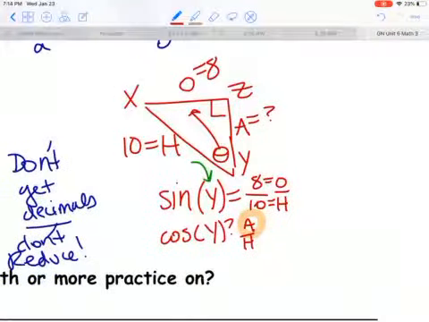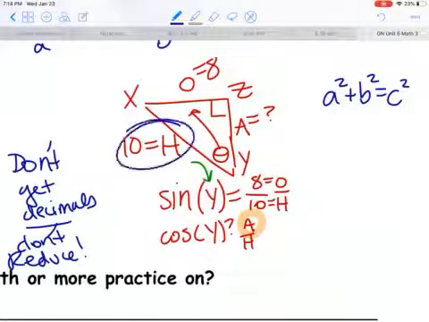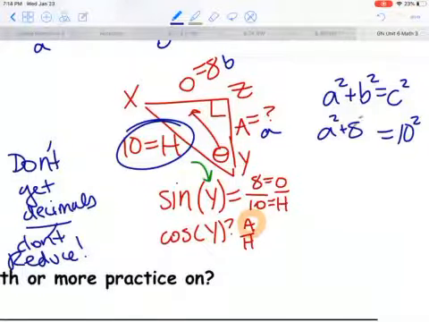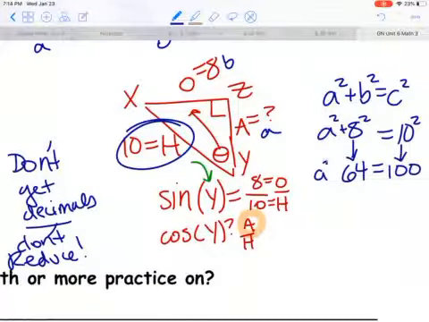So to solve this, we are going to do a squared plus b squared equals c squared, and H has to be c. And then between a and b, it doesn't really matter. So a squared is our unknown, and b squared is 8 squared. And you just solve that. So that gets you 64. That gets you 100.